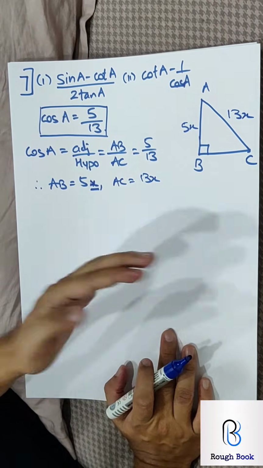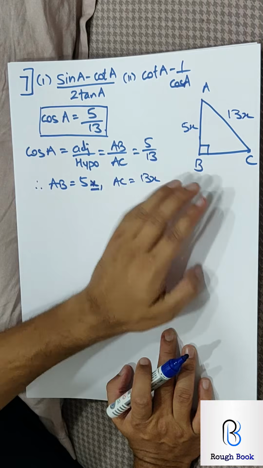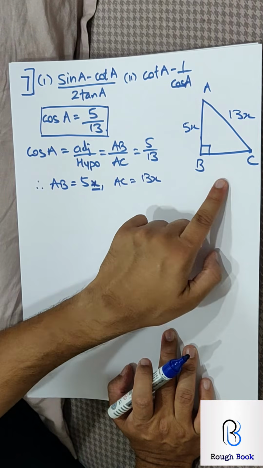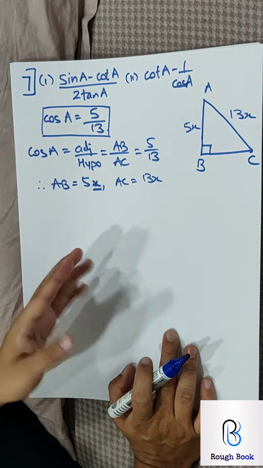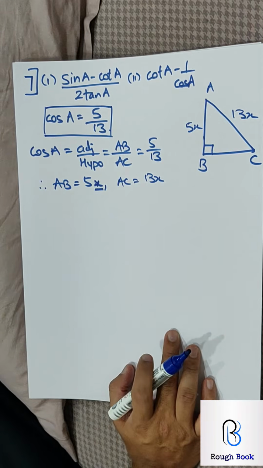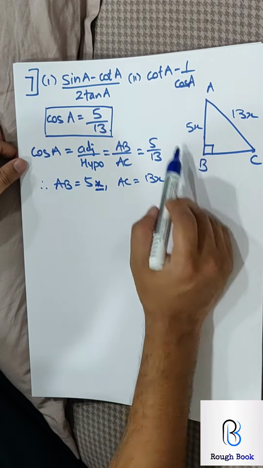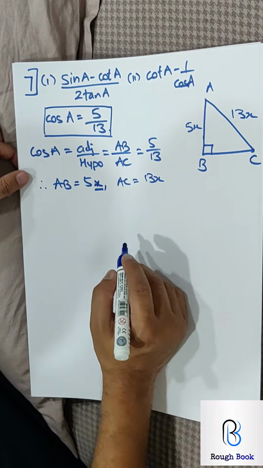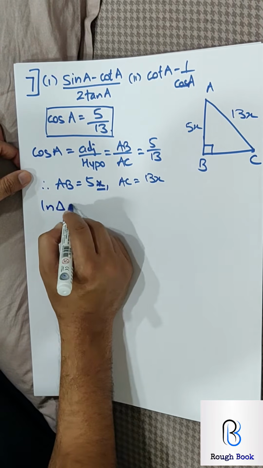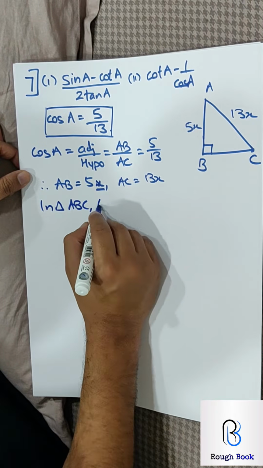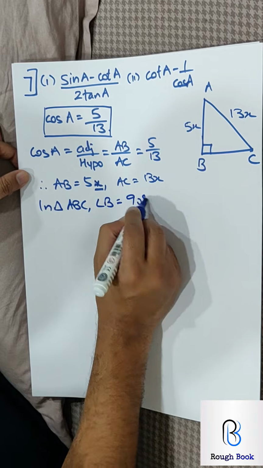Now are we there with the previous sum? Just like that. Apply Pythagoras, get BC and then get whatever you want. So it is exactly like the previous sum now. The only catch was the diagram was missing, which we got by ourselves. So now in triangle ABC, let's apply Pythagoras. Angle B is 90 degrees.